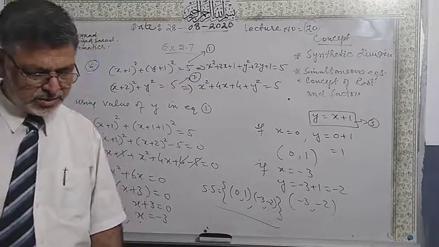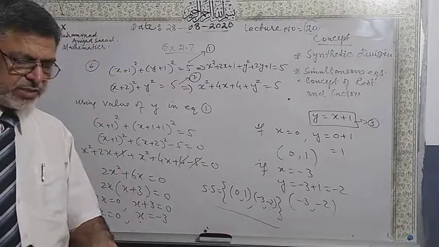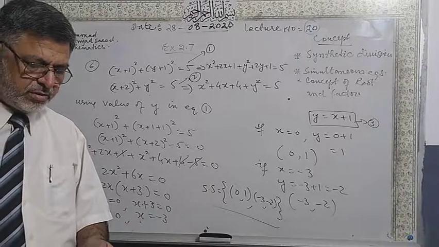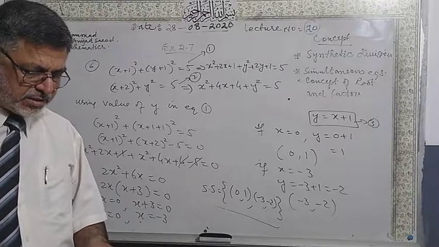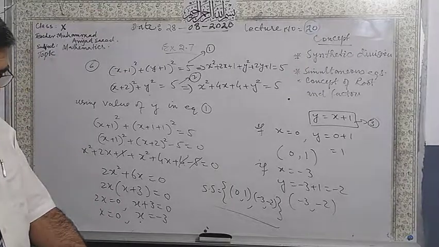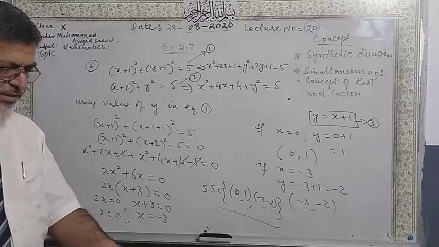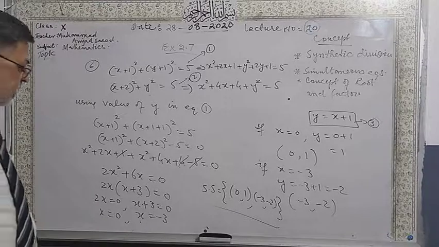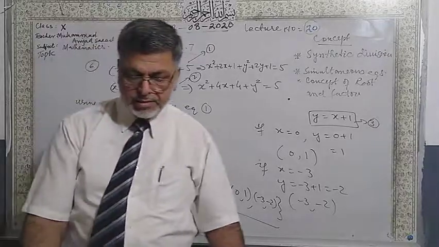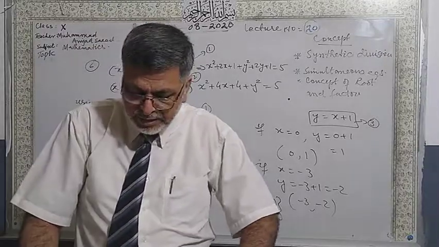We can take this answer. That is question number 6, exercise 2.7. Yes, (0, 1) and (minus 3, minus 2), yes, the same answer. After that, we have question number 7, 8 and 9.